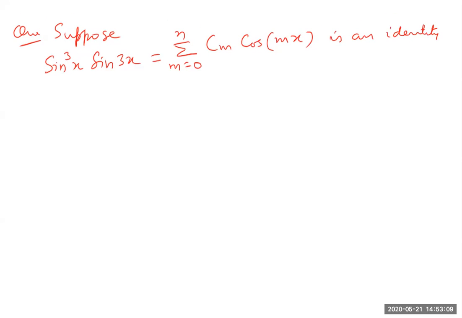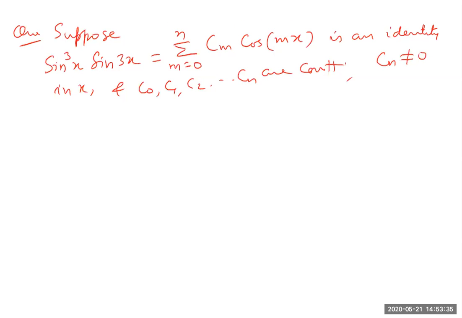This is an identity in x, where C0, C1, C2, Cn are constants, and Cn is not equal to 0. Then find the value of n.